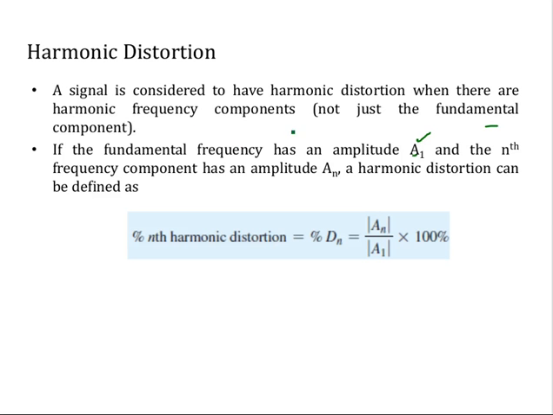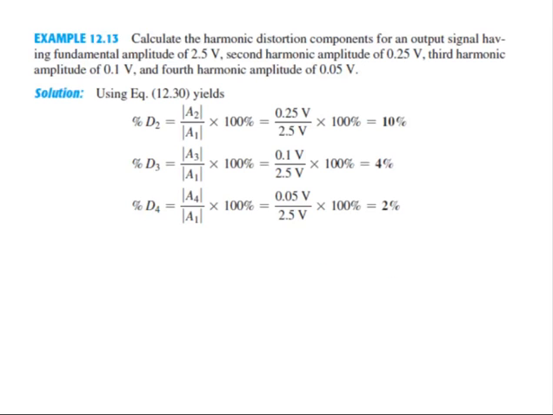And the nth frequency component, taken arbitrarily, has an amplitude An. The percentage nth harmonic distortion is equal to magnitude of An by magnitude of A1 into 100.